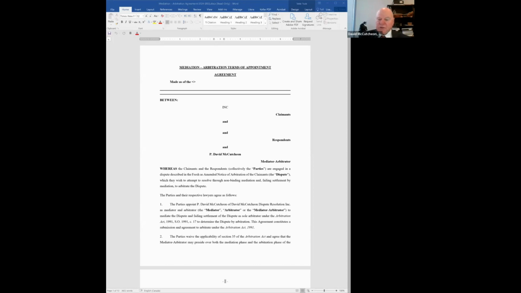And that happens frequently. It's a nice exit to make a mediation work, where everybody agrees on the rest of the terms, but they can't agree on some fundamental term that just needs to be determined. Could be a legal issue. I mean, there's no end of things that would be the tag end of a good settlement.